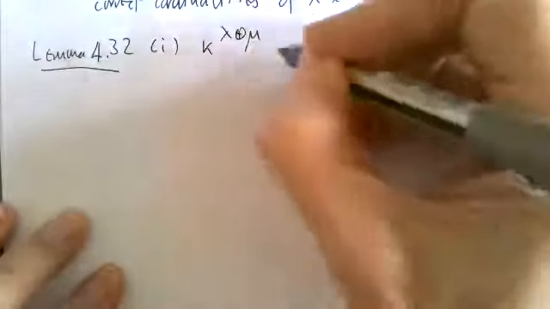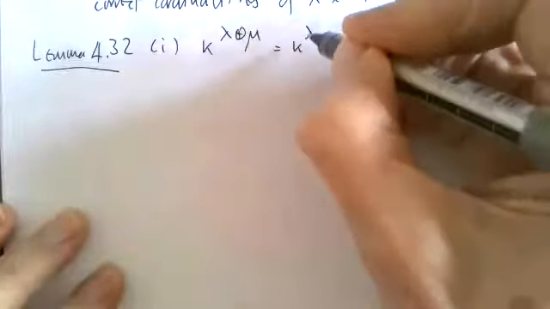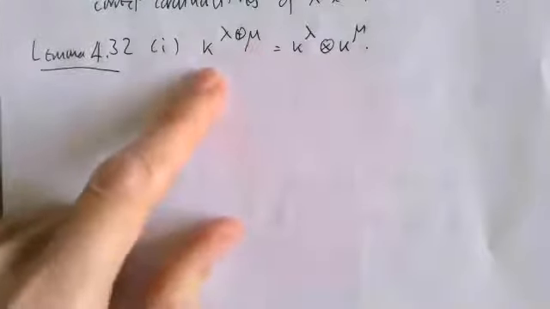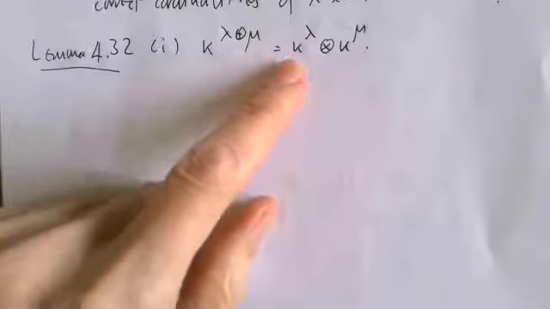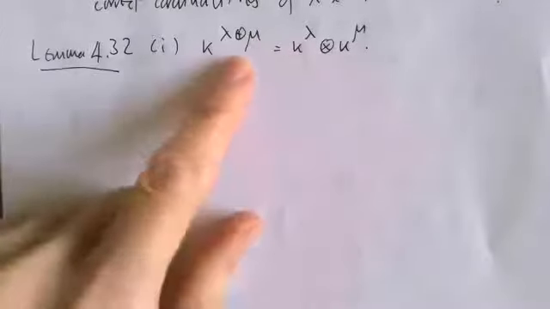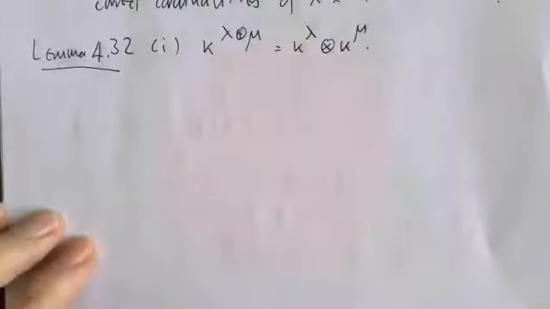So capital lambda to the kappa plus mu is capital lambda to the kappa times capital lambda to the mu. So again, this just mirrors what happens with finite. 2 to the power 3 plus 5 is 2 cubed times 2 to the 5. We just add the exponents.